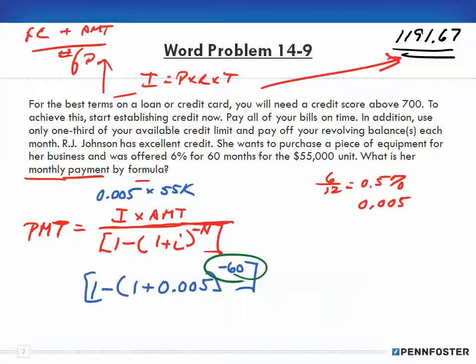With that said, suffice it to say that when I do this math, in my numerator I'm going to get 275, and in my denominator I'm going to end up with 1 minus what's in the parentheses, which is 1 plus 0.005, so 1.005 raised to the negative 60th power.